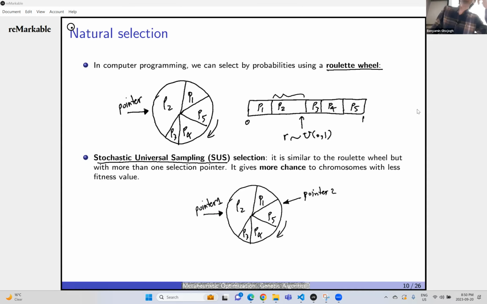Also, it has another reason for why we want several pointers. If we have several pointers, we give some chance even to chromosomes with less probability. Having only one pointer exaggerates the selection of the elites. If I have several pointers, it becomes more democratic, right? It gives more chance to those who have less chance, right? That's it. Okay.